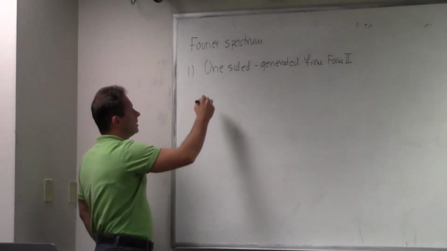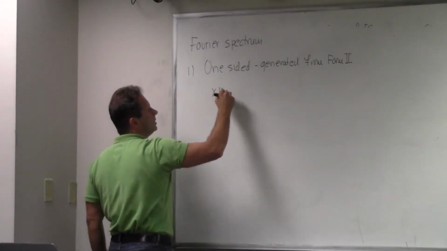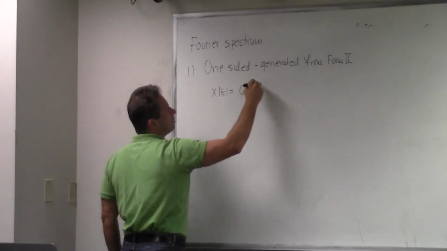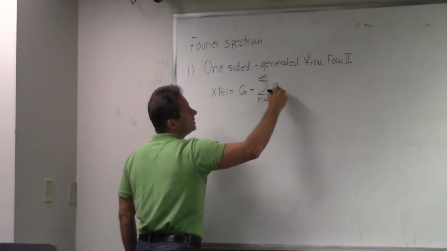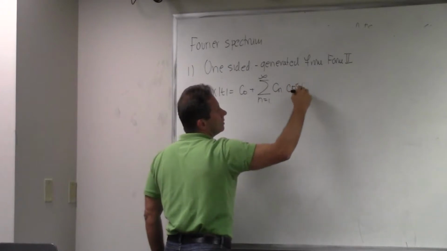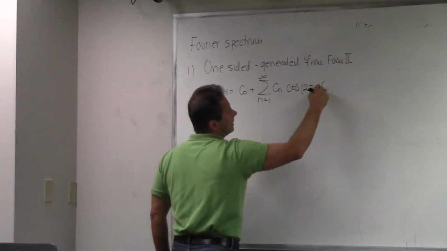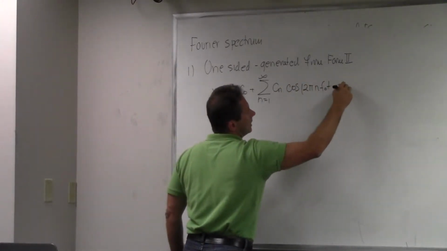The starting point here is x of t equals c0 plus the sum, when n goes from 1 to infinity, of cn cosine 2 pi n f0 t plus theta n.